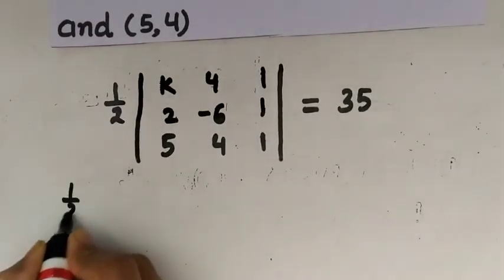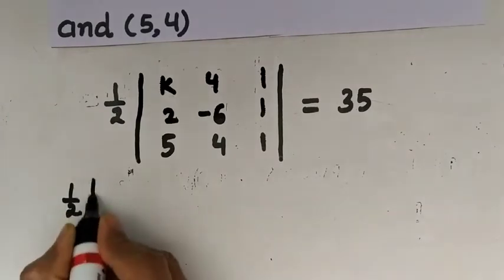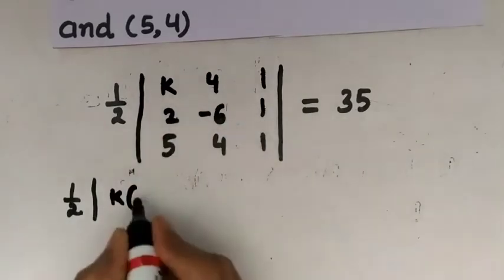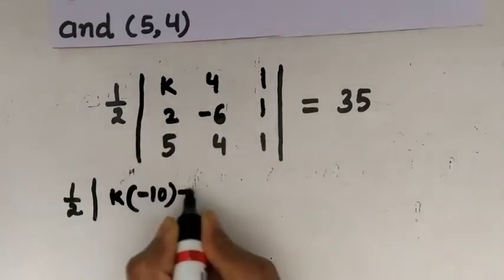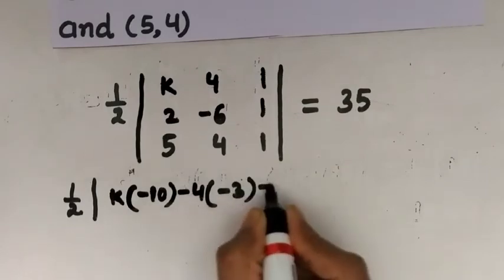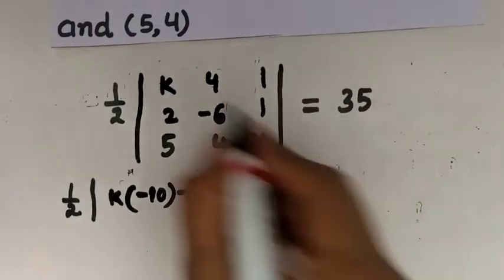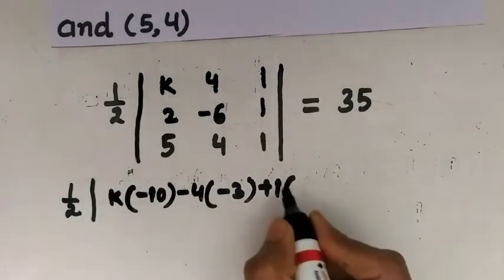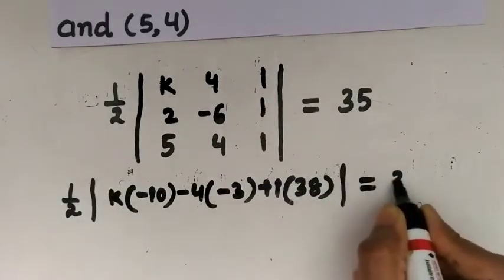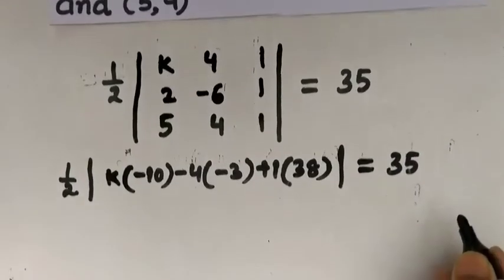Half, okay, we will apply mod here, k, minus 6 minus 4 it will be minus 10, then minus 4, 2 minus 5 minus 3 plus 1, okay, 8 plus 30, 38, mod is equal to 35.